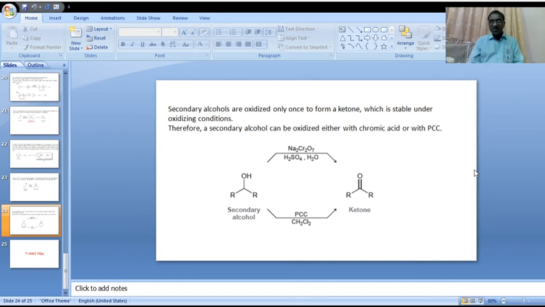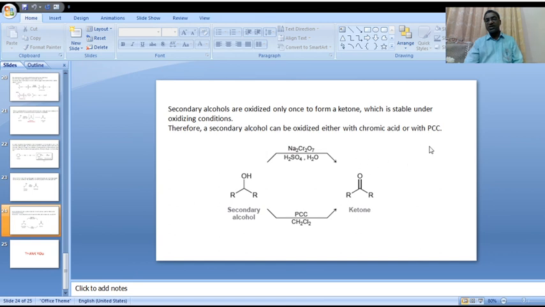In secondary alcohols, the major observation is that only one alpha hydrogen is present, so they undergo oxidation once to form ketones.